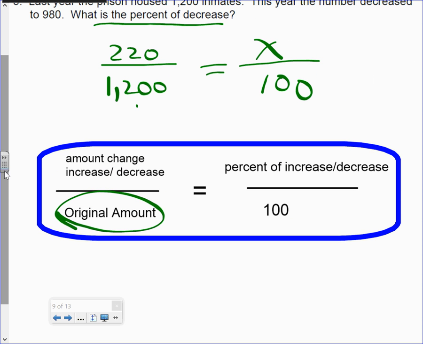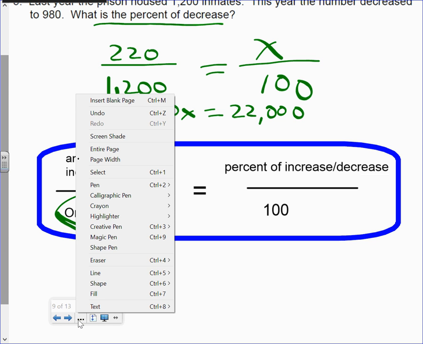1,200 times x is 1,200x equals 220 times 100, which is 22,000.